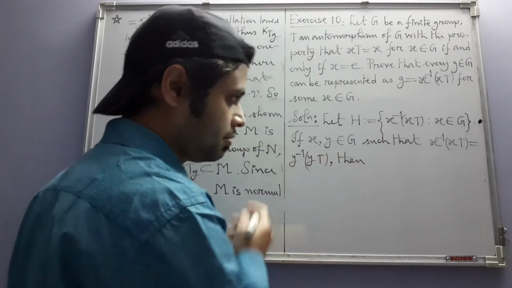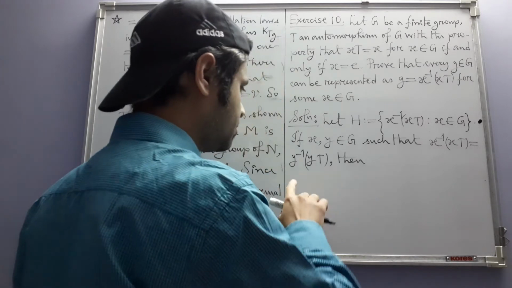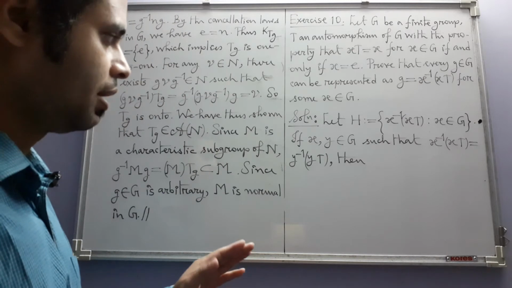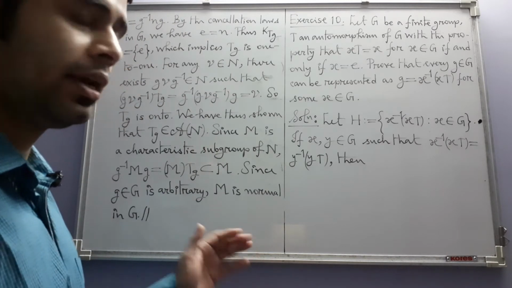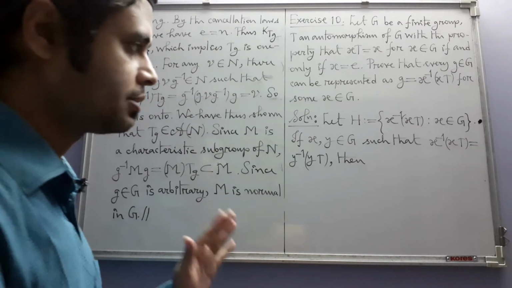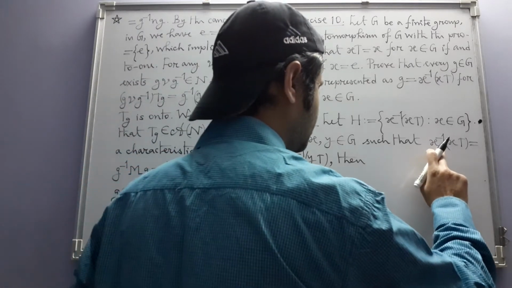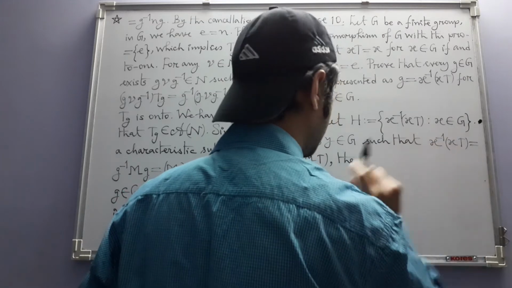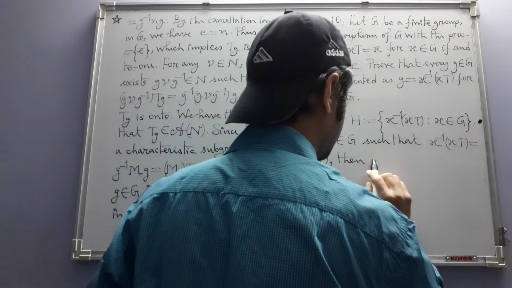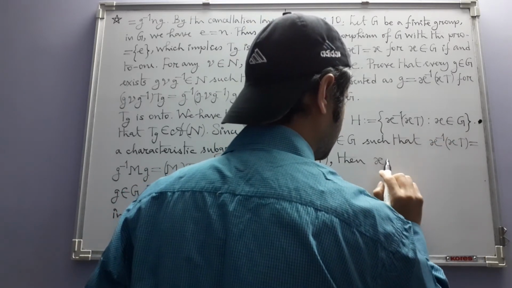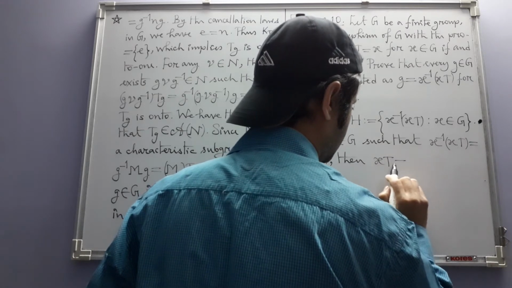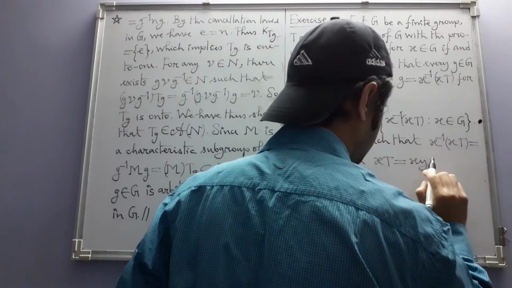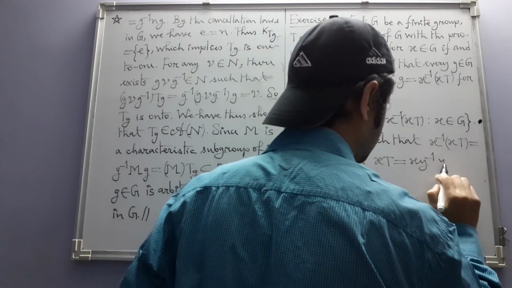If we multiply on both sides from the left by x, not x inverse, by x, then on the left side we will have xT, because x and x inverse will cancel each other, and on the right hand side we have x y inverse yT.